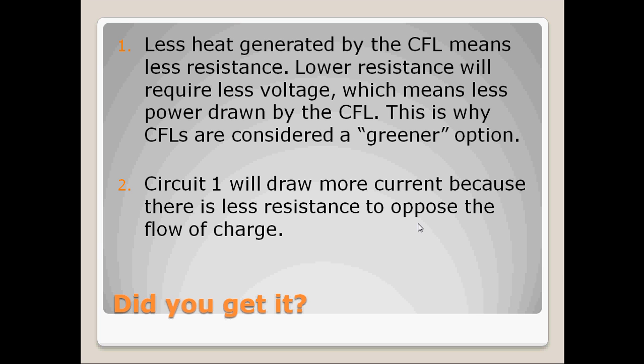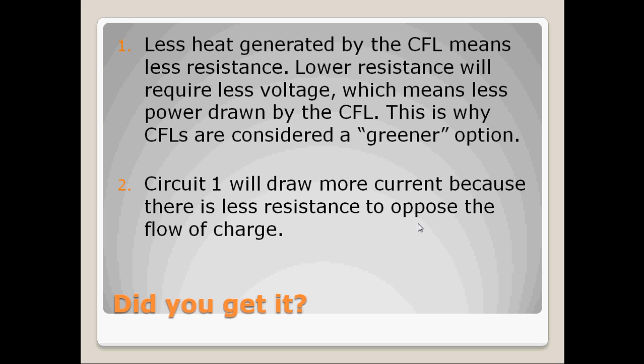This is why we tend to think of CFLs as being a greener option, because they don't waste as much energy. We're really getting full bang for our buck here by taking as much of the electrical energy from the grid as possible and converting it into light rather than inadvertently converting a lot of that electrical energy into heat the way that incandescent bulbs do. Also good for your electric bill, just FYI.